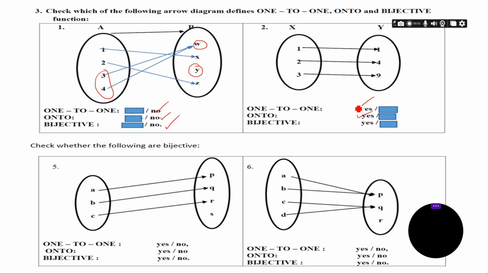Onto, yes, no one is sleeping. Bijection also yes. This one is 1 to 1, yes, but not onto because S is sleeping, so not bijection. Is it 1 to 1? No, this is many to 1 because 2 elements are going to 1. Not onto also because R is sleeping, so not bijection also.